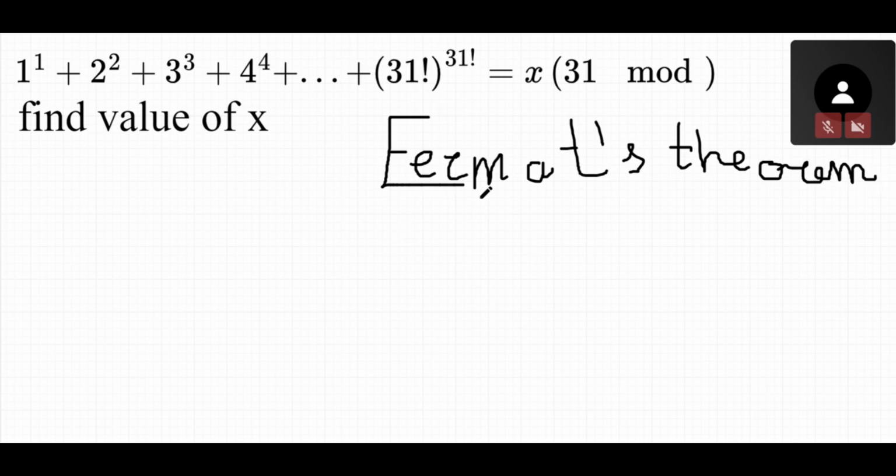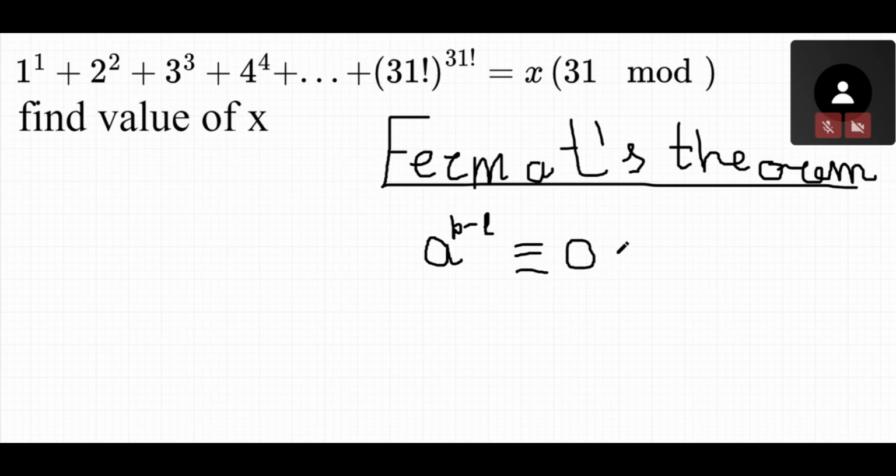Okay, what does Fermat's theorem say? It says that a to the power of p minus 1 is equivalent to 0 at mod p. Sorry, not to 0, to 1 at mod p.